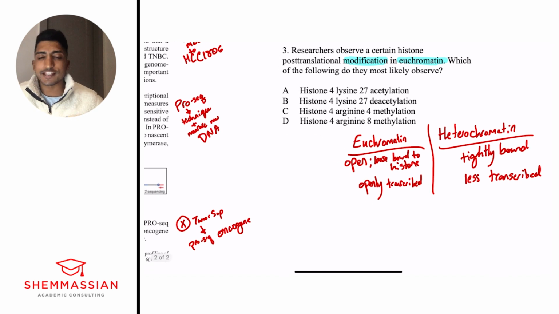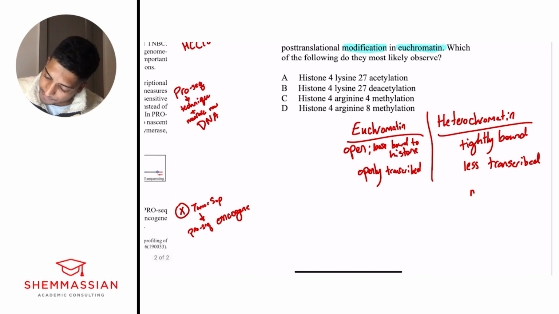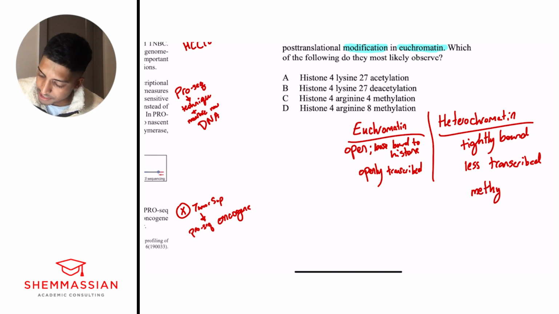Okay, so with this, now we need to have a second piece of information. And that is what modifications are related to euchromatin and heterochromatin, okay? So right away, we have acetylation, deacetylation, and methylation in our answer choices. I would say we can already eliminate C and D because both of them are dealing with methylation, and we should know that that's probably wrong. But methylation is associated with heterochromatin, or tightening up of this DNA.